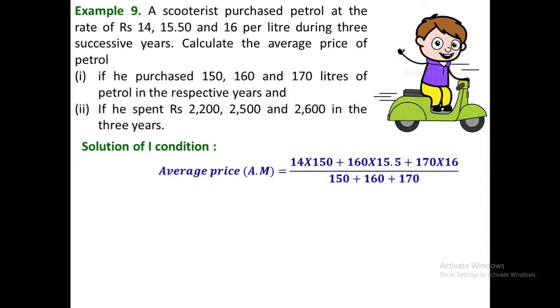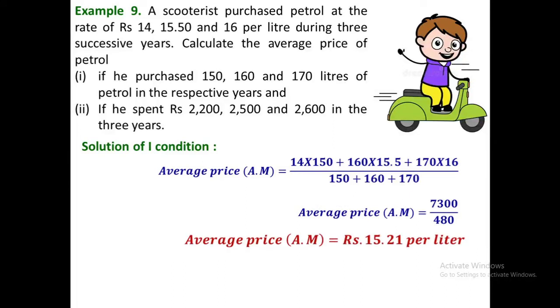The average price will be 14 into 150 plus 15.5 into 160 plus 16 into 170, divided by 150 plus 160 plus 170, and it will give us a value of 15.21 rupees per liter. So in condition 1 the average price of petrol was 15.21 rupees per liter.